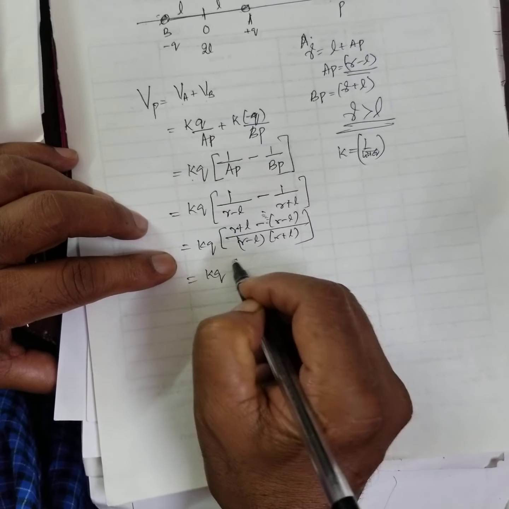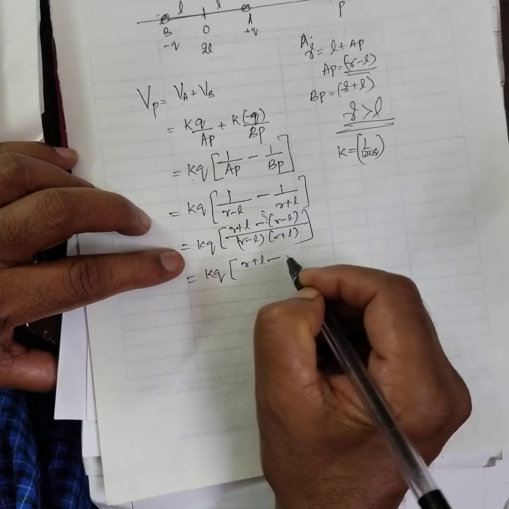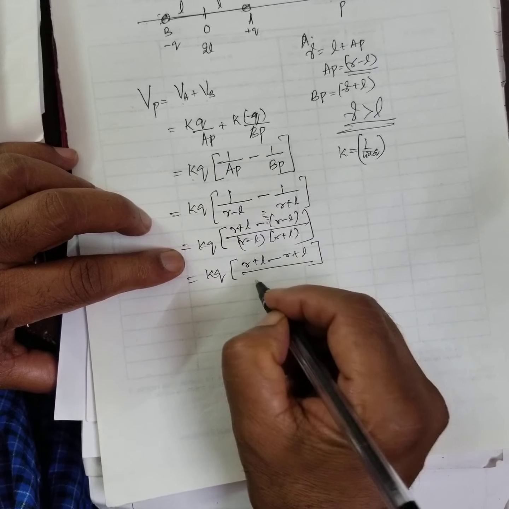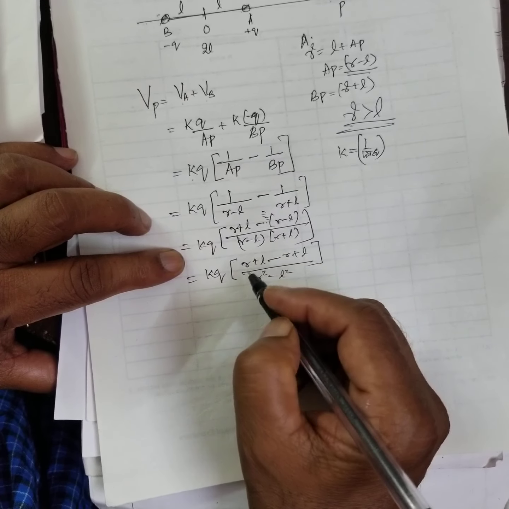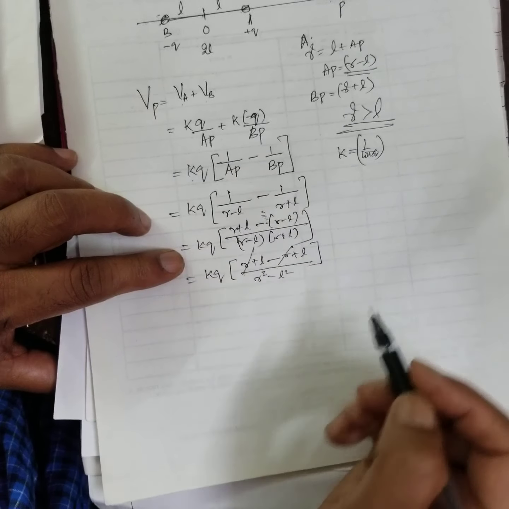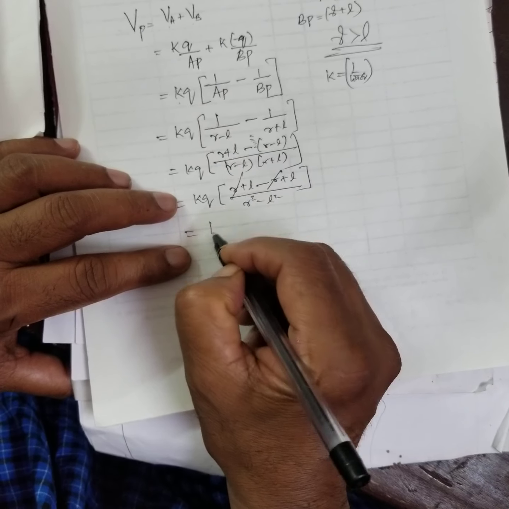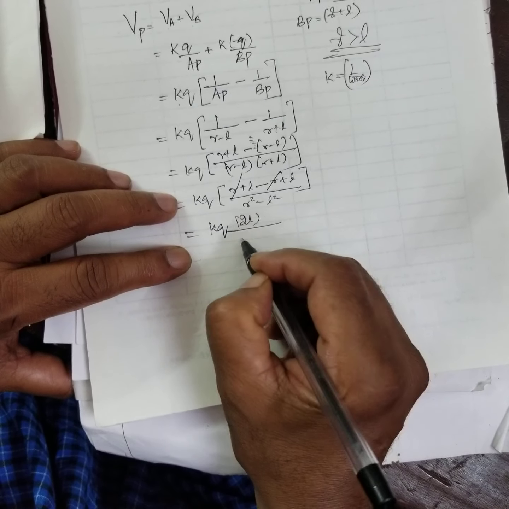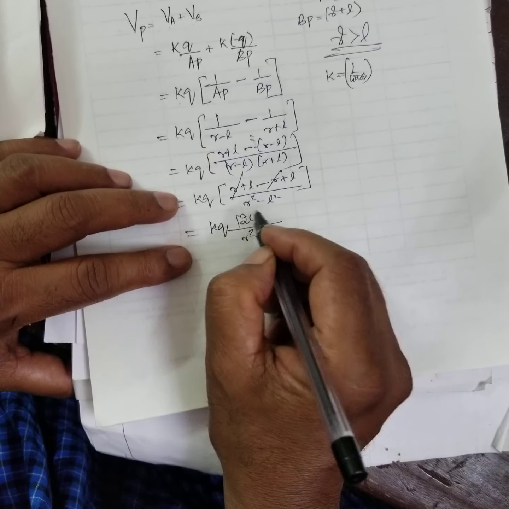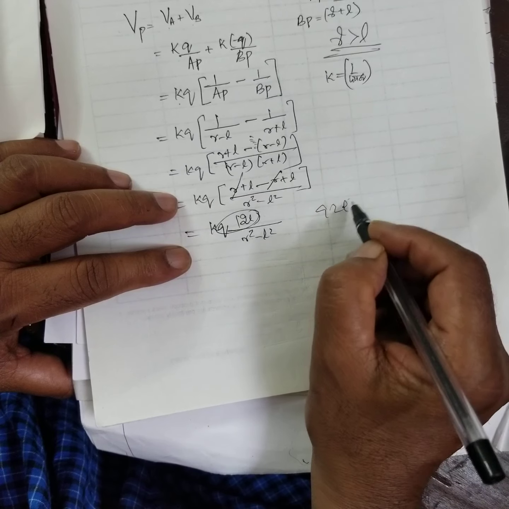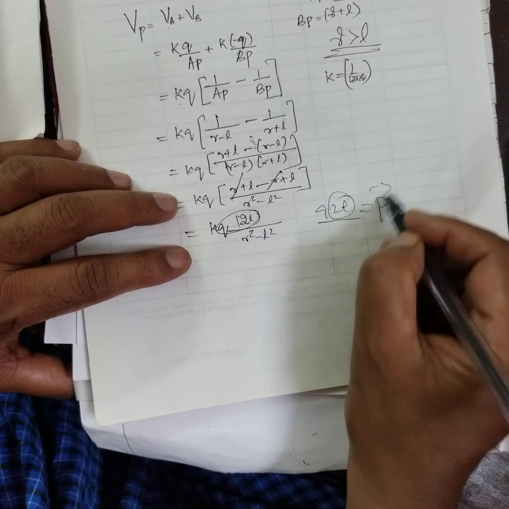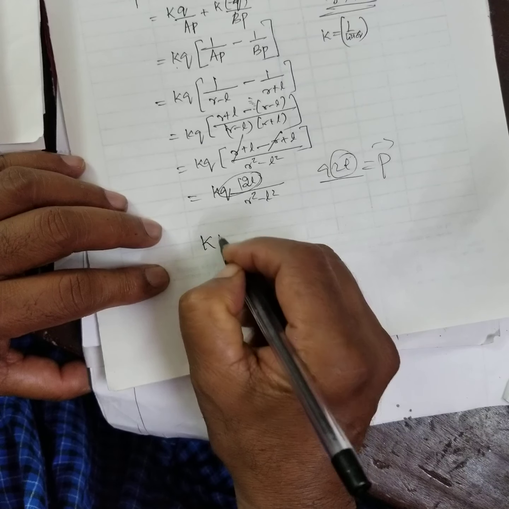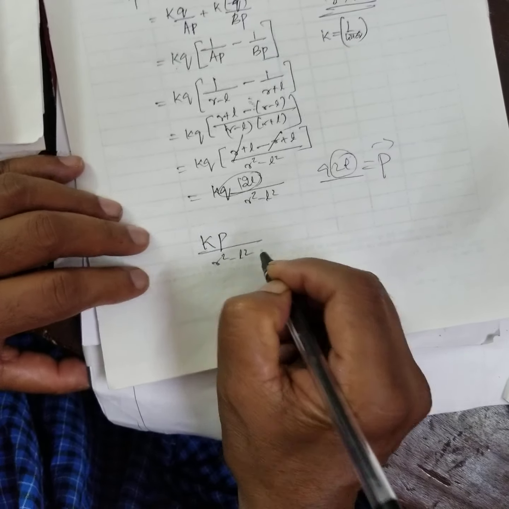R plus L minus R plus L divided by R square minus L square. Therefore plus R minus R get cancelled. Therefore KQ, L plus L, 2L by R square minus L square. But Q into 2L is the dipole moment. Therefore KP by R square minus L square.